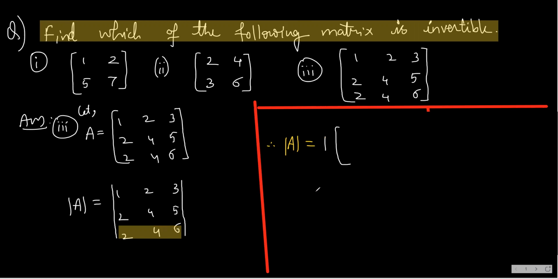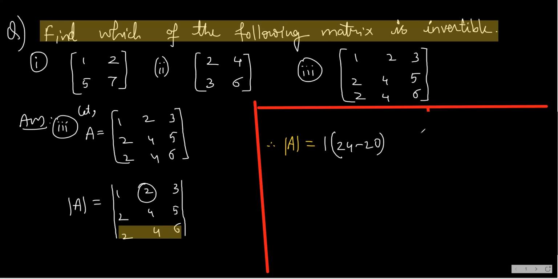4 into 6 minus 4 into 5. You ignore this row and this column. So you have 4 into 6 minus 4 into 5, so you have 24 minus 20. Then you write negative of this element.